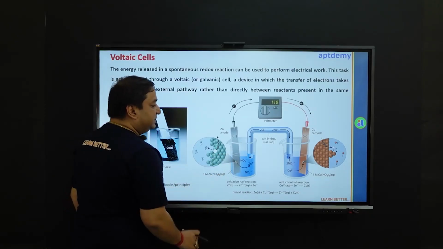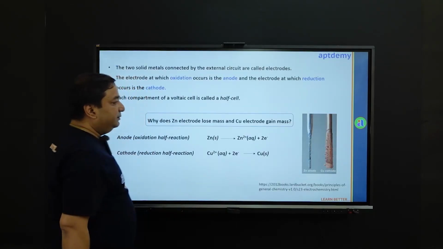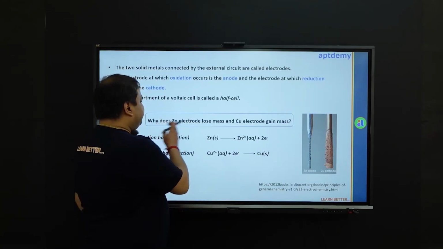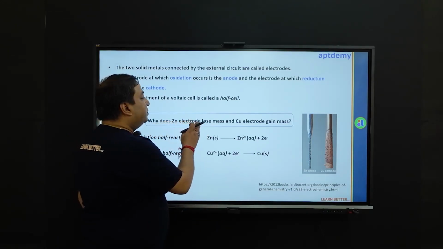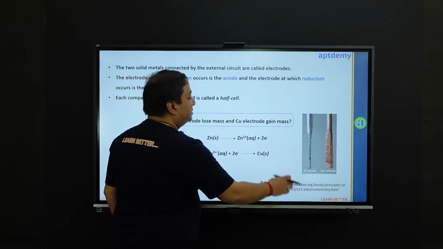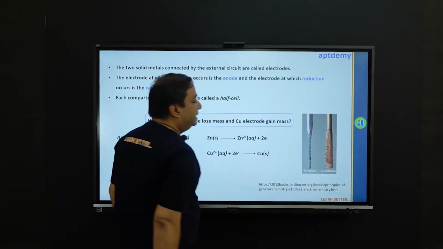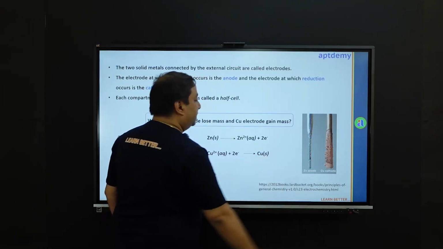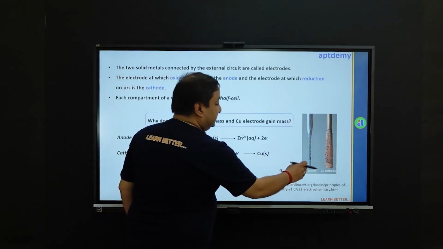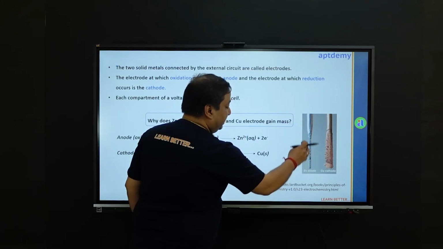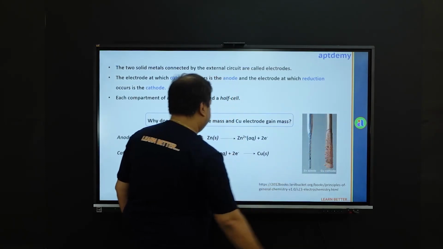So what will happen with the passage of time? As we can see, we have asked a question, why does the zinc electrode lose mass and the copper electrode gain mass? So we will see that there is loss of mass of zinc and there is a gain of mass for the copper electrode. So zinc anode, mass will be lost, copper cathode, mass will be gained.